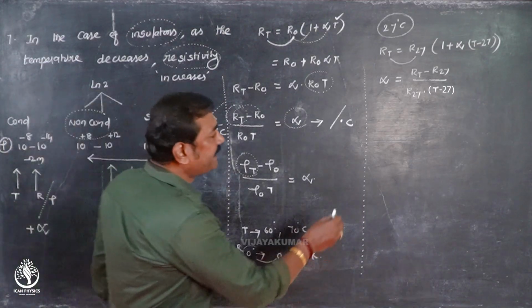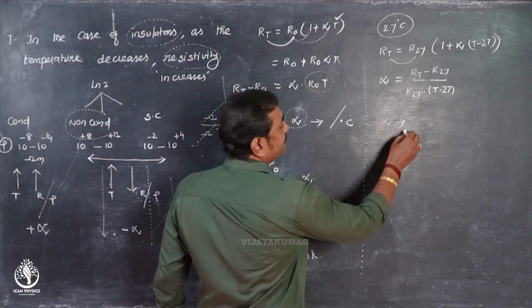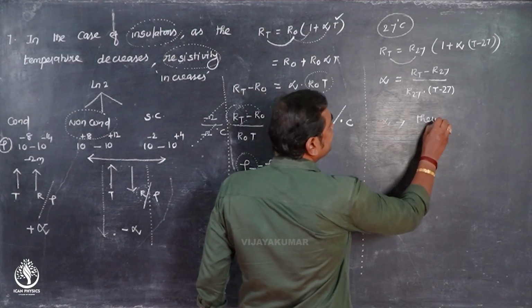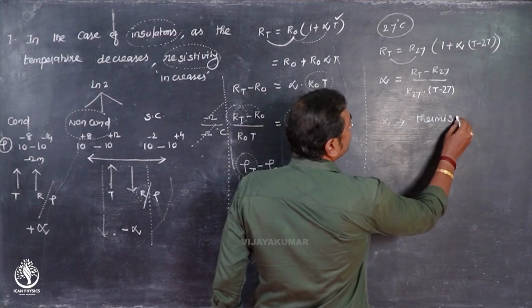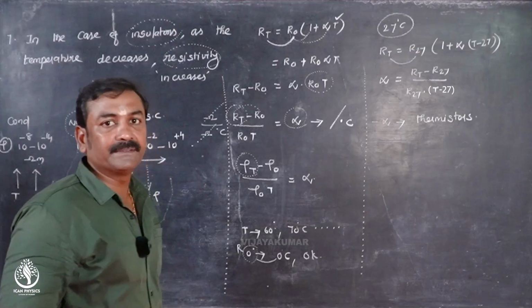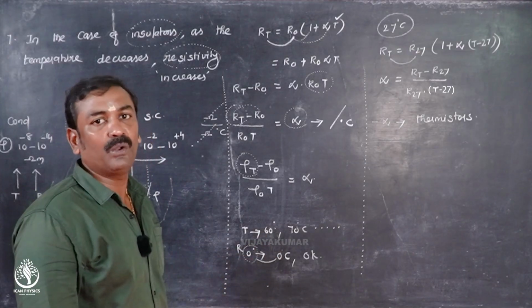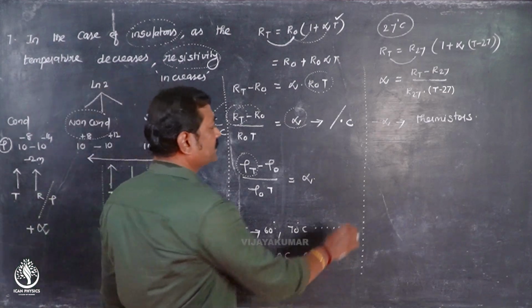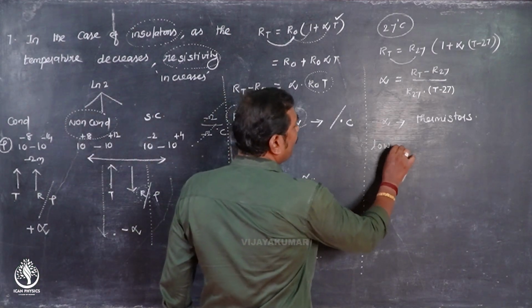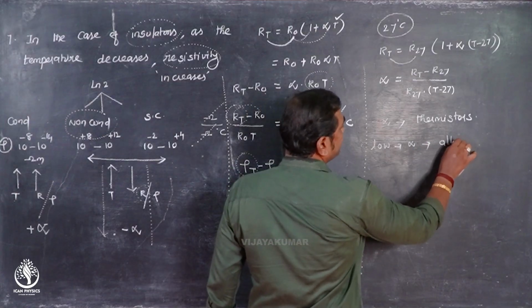The material which has negative temperature coefficient is called thermistors. Some of the materials have very low temperature coefficient, and they are alloys.